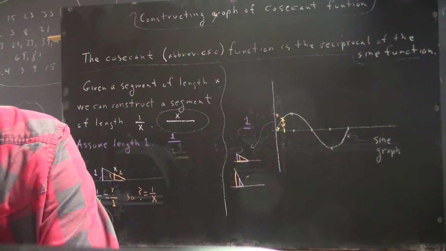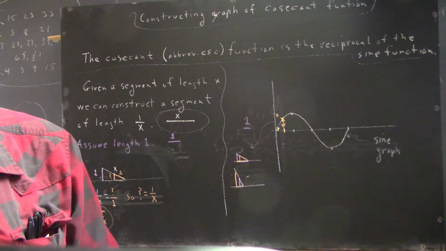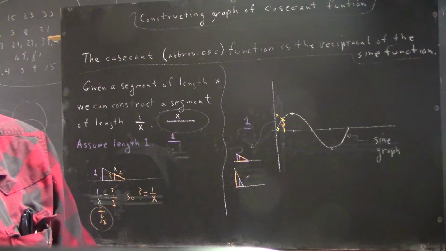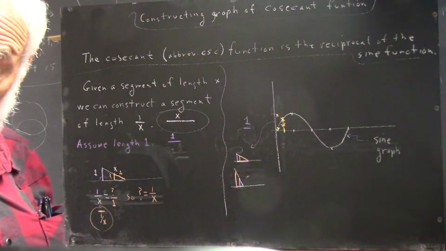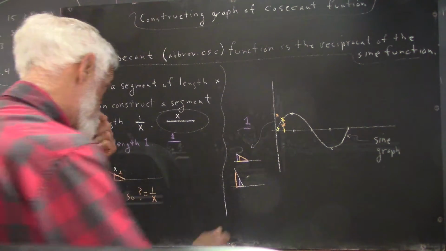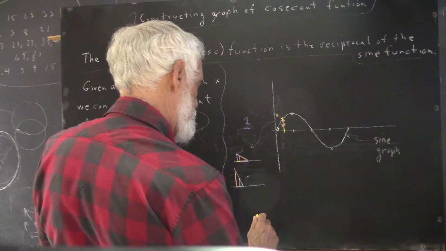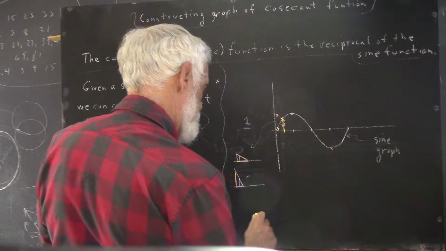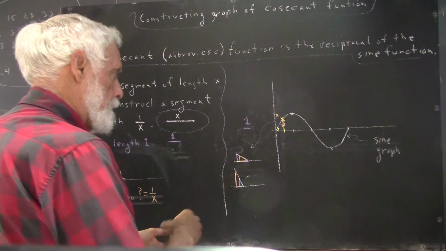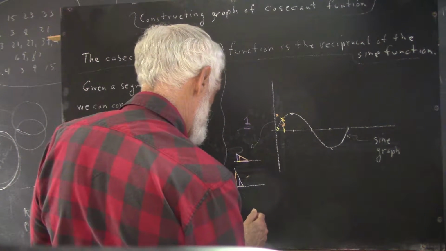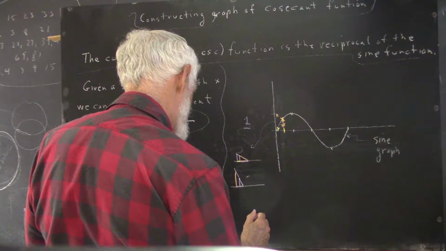It's hopeless to try to construct it with chalk. But we're going to have a very short segment here, and then our unit segment will be quite a bit longer.